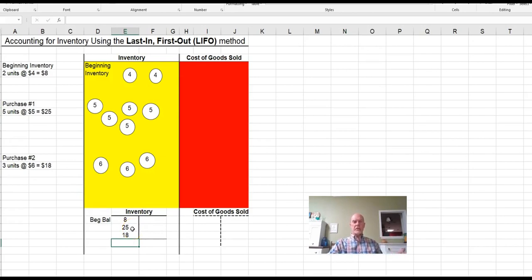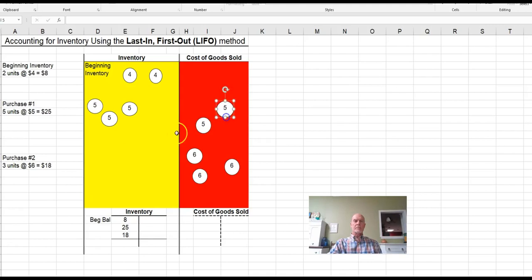We sold 6, but according to this approach, it was the last items in are the first items to go. So that means that we sold these 3 first, and then 3 of these $5 items.